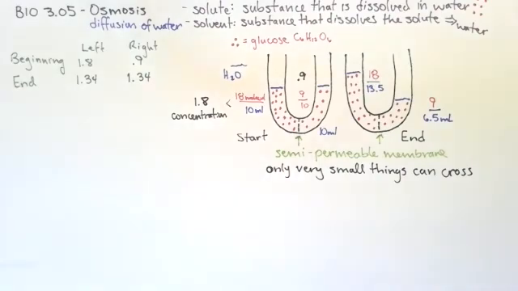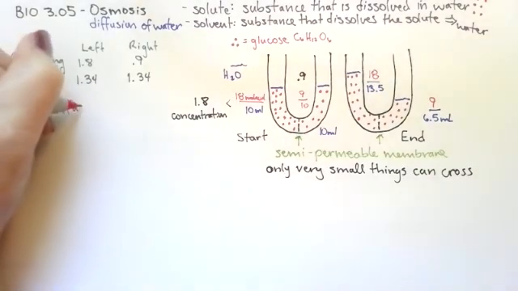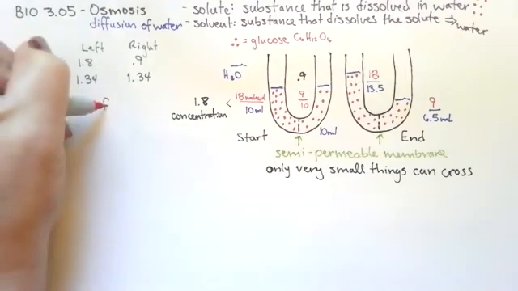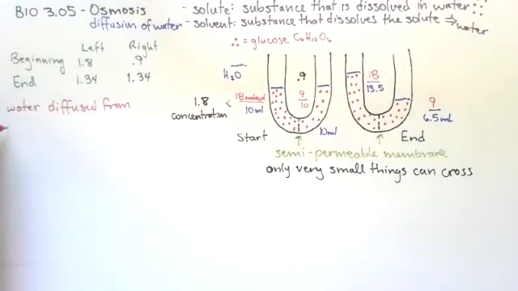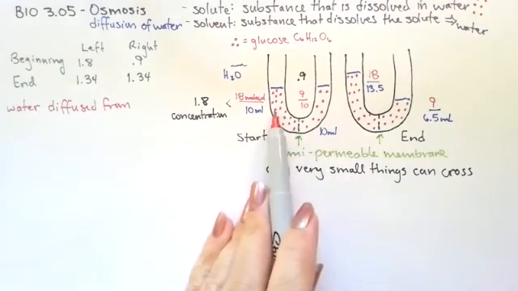So our takeaway is the water diffused from the left side. Whoops. I don't know my left from my right, guys. The water diffused from my right side into my left side.